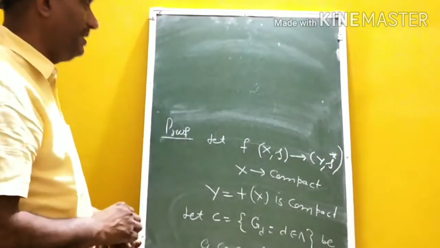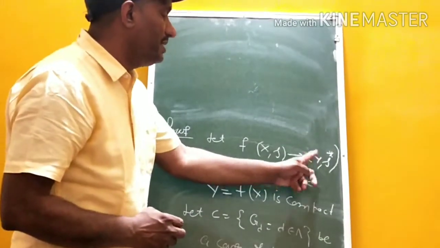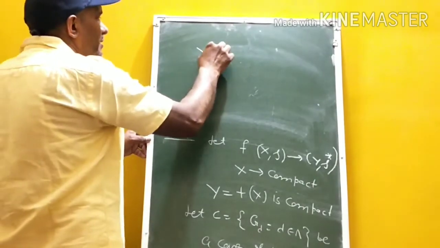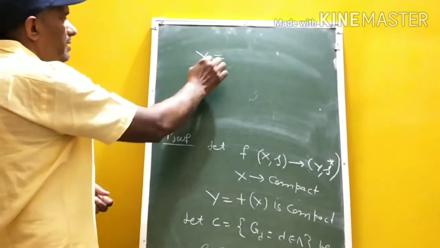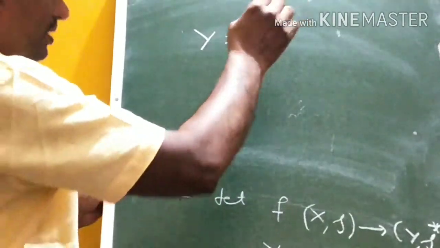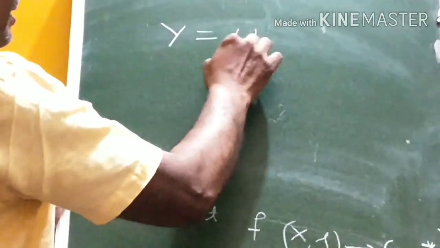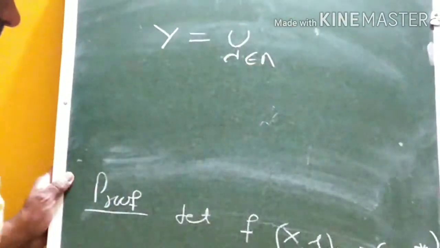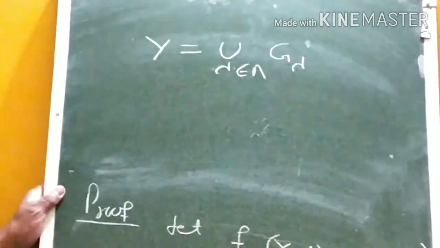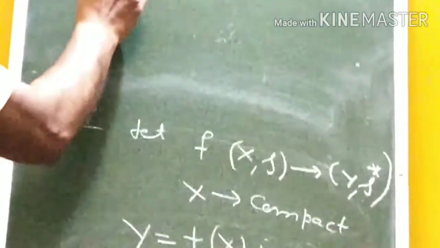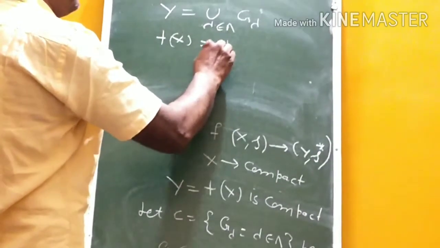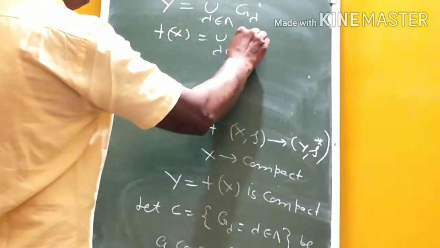Here you note that Y is a space, so Y is equal to union lambda belongs to gamma G lambda. But Y is equal to f(X), so f(X) is equal to union lambda belongs to gamma G lambda.